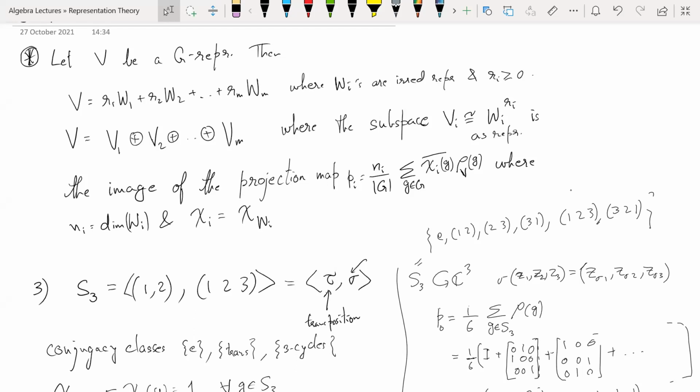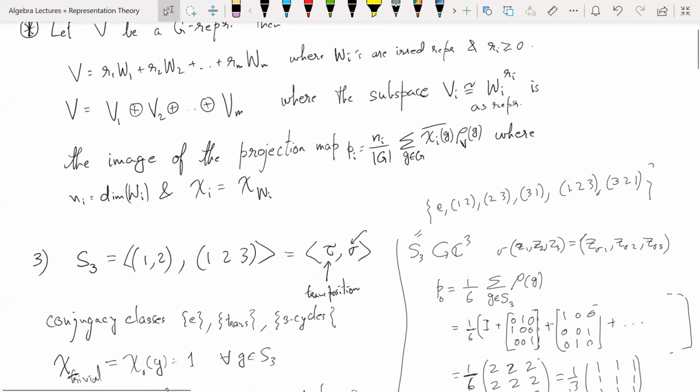Similarly, V1 is isomorphic to W1 power R1, but there is no unique way of decomposing it. But if you fix some choices, then you can decompose it.